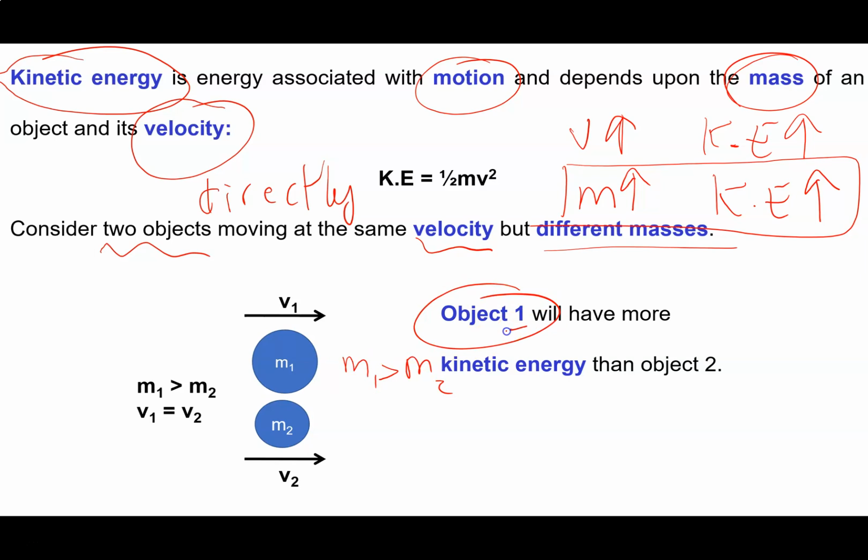So object 1 will have more kinetic energy than object 2. So this kind of makes sense, right? If I throw a little tiny ball bearing at you at 10 miles per hour, it's going to hit you and you go, ow, not much. But if a truck hits you at 10 miles per hour, it's going to hurt a lot, right? So that kind of gives you an idea of that concept.